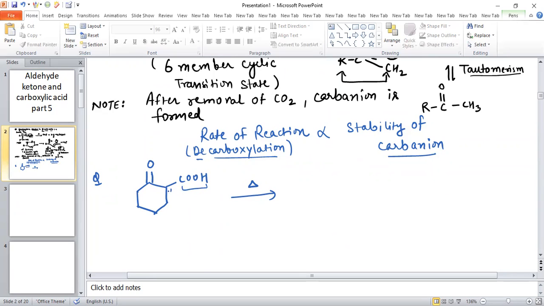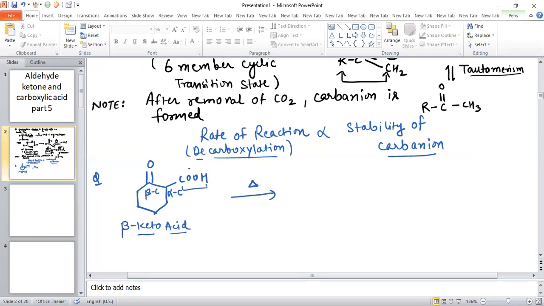This carbon is the alpha carbon and this carbon is the beta carbon. At the alpha carbon a carboxylic group is present, and at the beta carbon a ketonic group is present, so you can call this compound a beta keto acid.